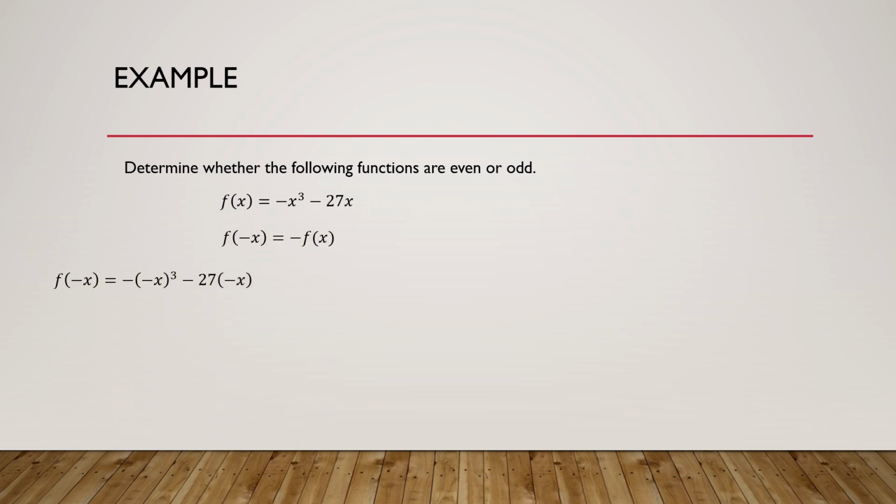F of negative x equals minus negative x cubed minus 27 times negative x. We simplify to get x cubed plus 27x. Negative f of x is simply minus the quantity of negative x cubed minus 27x. Simplify to get x cubed plus 27x. Since these two are identical, this function is odd.